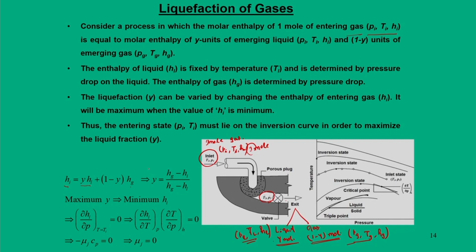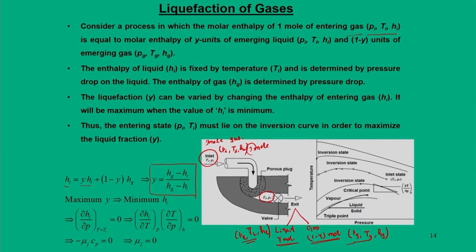So, this equation can be formed as y is equal to Hg minus Hi divided by Hg minus Hl. This is a fundamental equation normally used in the steam table as the dryness fraction, but here we are interpreting y as the amount of liquid that comes out.